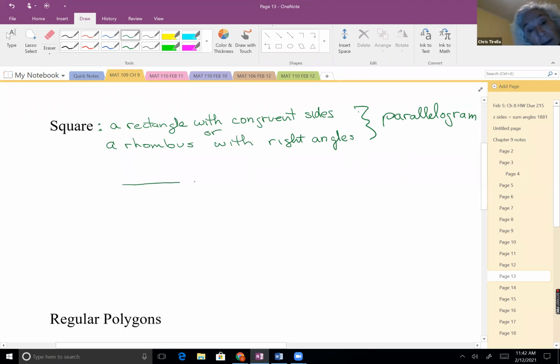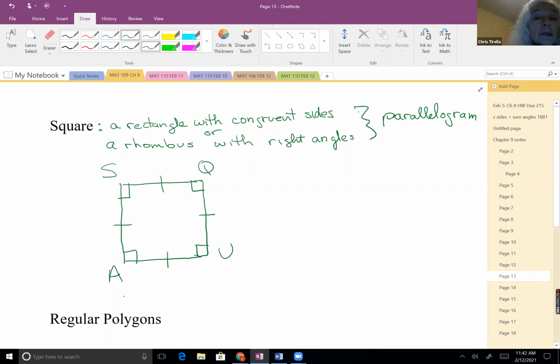It's a parallelogram, so opposite sides are parallel. It's a rectangle, so it has right angles. It's a rhombus, so all of the sides are congruent. Let's call this SQUA.